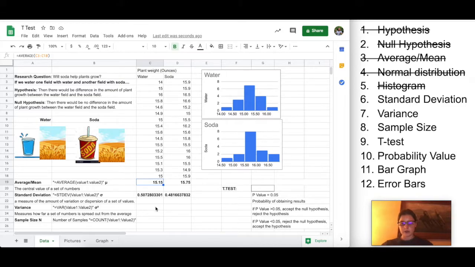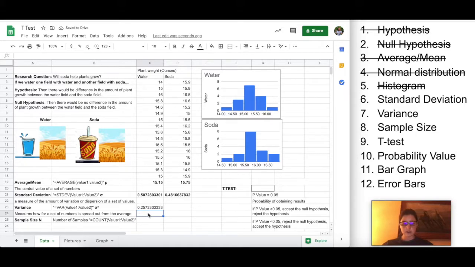Now, in order to find variance, or the measure of how far a set of numbers is spread out from the average, all you need to do is square standard deviation. So you could take equals, and you could take the standard deviation, or you could just take this, caret 2. That means that I'm squaring it, and that would be the variance.